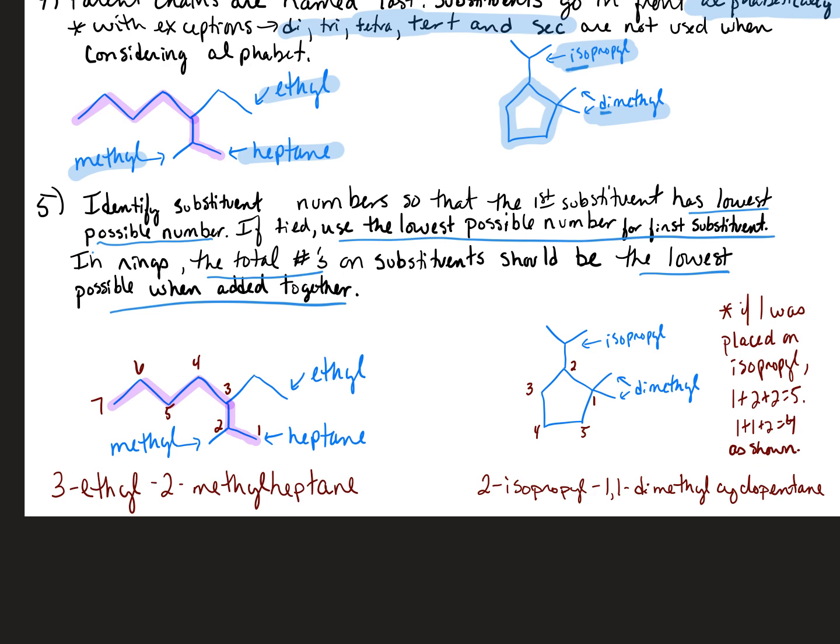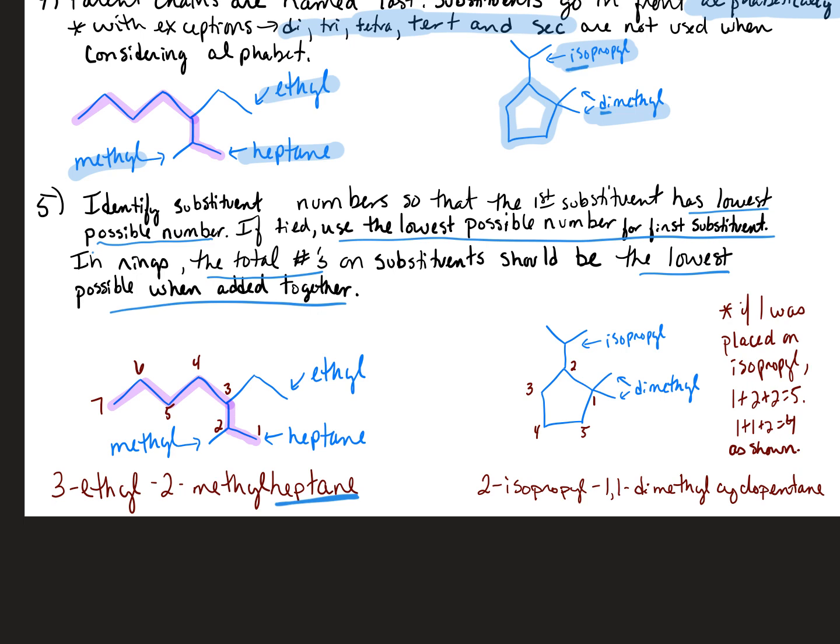So here we have the example from above. We've got heptane. Heptane is going to go at the end of the word. I know that I'm going to start numbering here. And I don't start here because look, 1, 2, 3, 4, 5, 6, 7. If I did it that way, then the ethyl would take on a 5 and the methyl would take on a 6. Well, those numbers are just way too high.